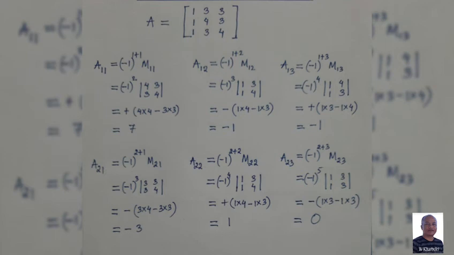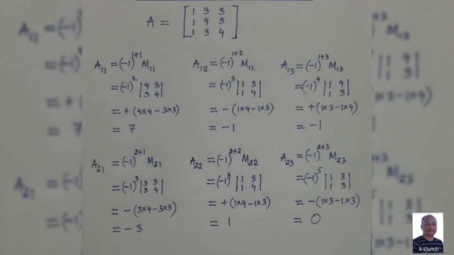Now imagine that you are deleting all the entries in the second row and the third column. When you do that, you will be left with 1, 3, 1, 3. Now write that in the form of a determinant of order 2, and you'll get 0.